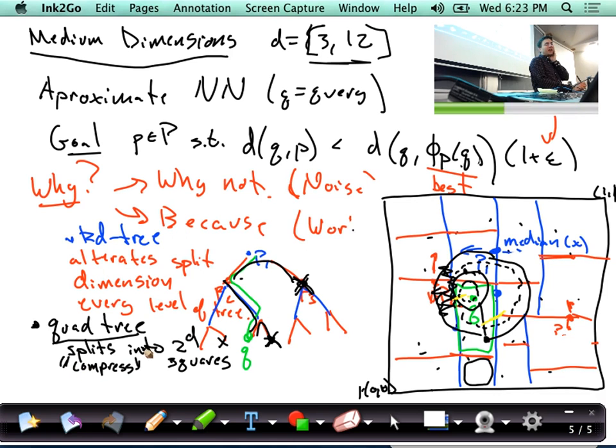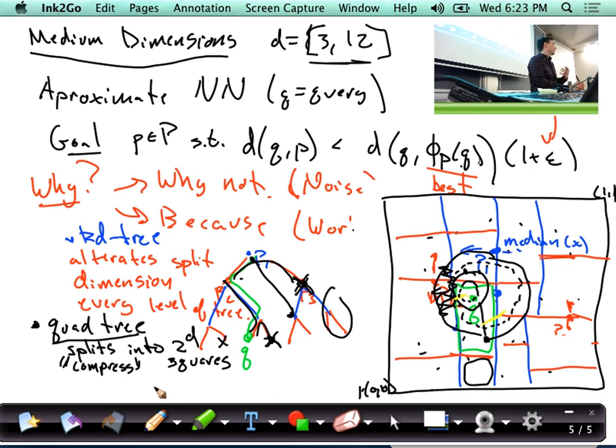What you do is, if you go down someplace and only one of the child nodes has points in it, because sometimes you'll split based on the geometry and basically none of these nodes will have any points, then you just connect this node directly to this node. And so this is called compressing the quad tree.